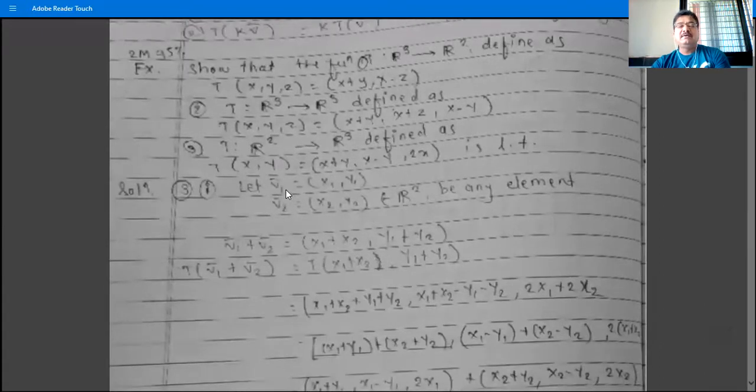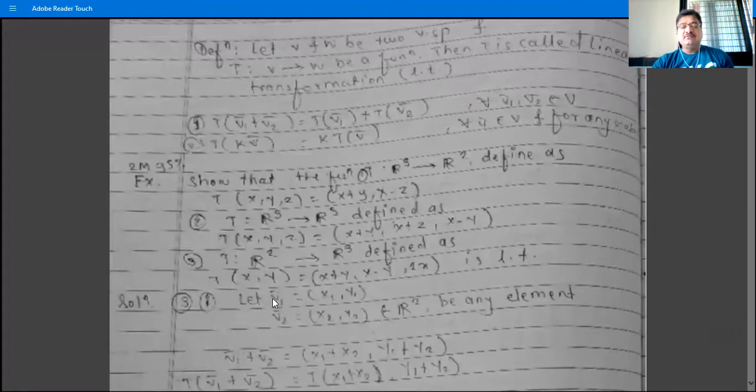So we will take two elements. Suppose v1 bar and v2 bar are elements of R square, which are ordered pairs, so we take two ordered pairs, (x1,y1) and (x2,y2). In the place of V and W, there can be any two spaces. Suppose V is the space M2 by 2 R, that is the vector space of all 2 by 2 matrices with real entries.